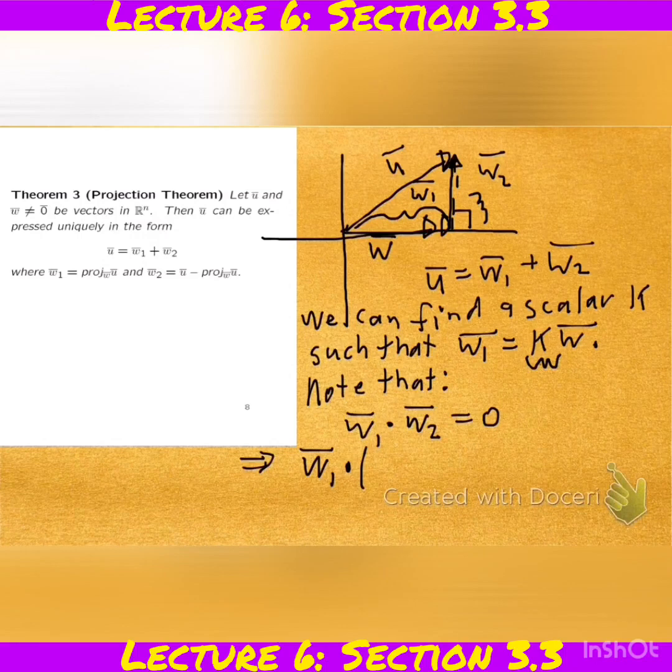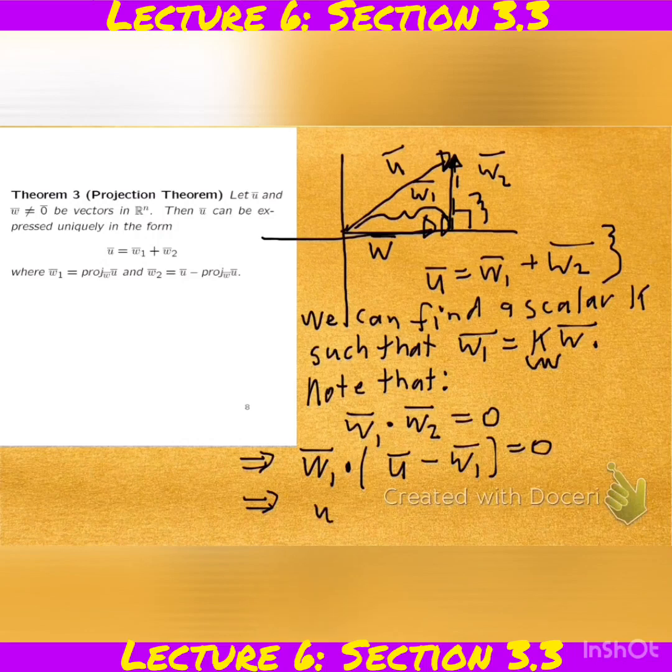Remember, if you add w2 and w1 together, you get u. So we can solve for w2 as the vector u minus the vector w1, and that dot product with w1 has to be 0.